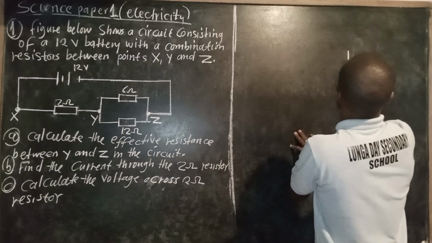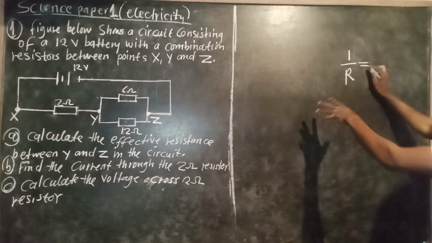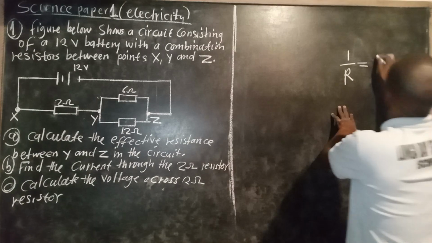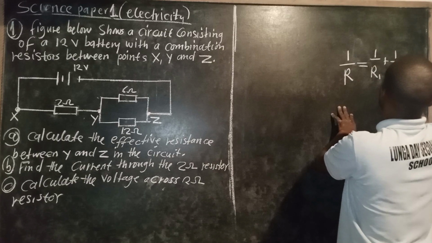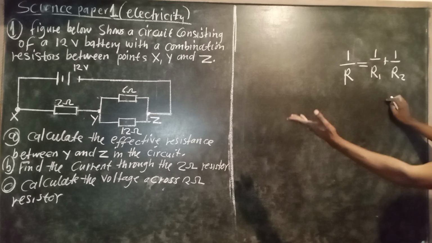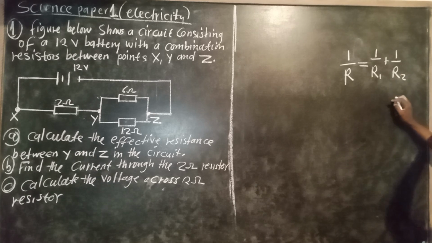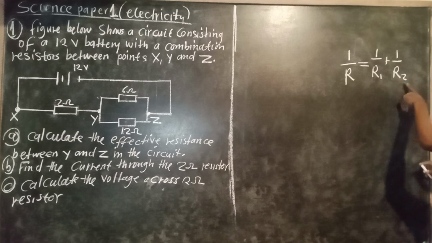So we are saying 1 over R is equal to, this is the formula for parallel resistors, 1 over R1 plus 1 over R2. So we have two resistors there. If we had some more resistance, we could have continued adding. Okay. So now that we only have 2, we are going to end here.